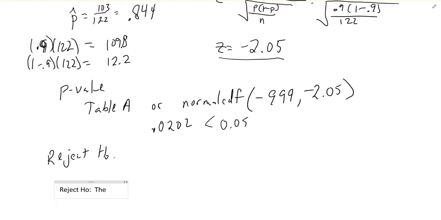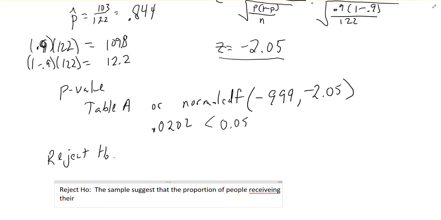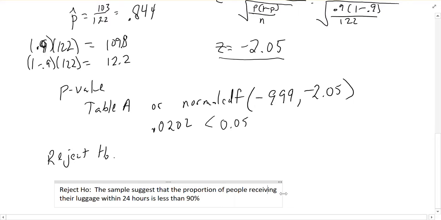The sample suggests that the proportion of people receiving their luggage within 24 hours is less than 90%. Oops, I spelled receiving wrong. There we are. That would be the conclusion, the fourth step of our process.